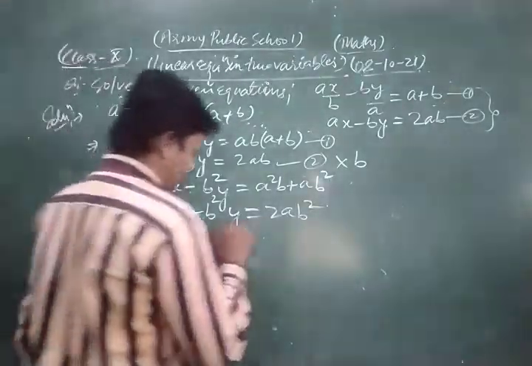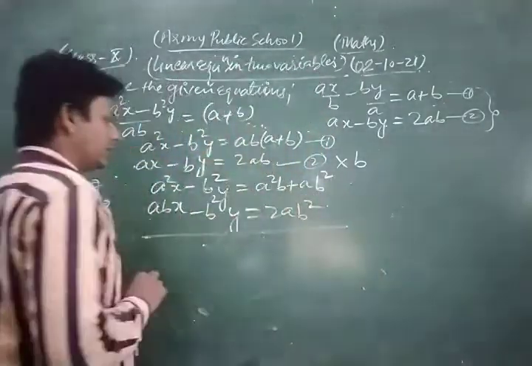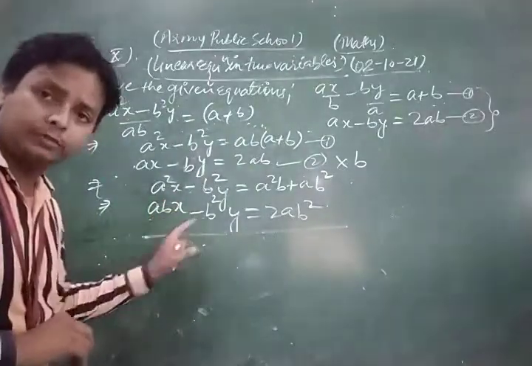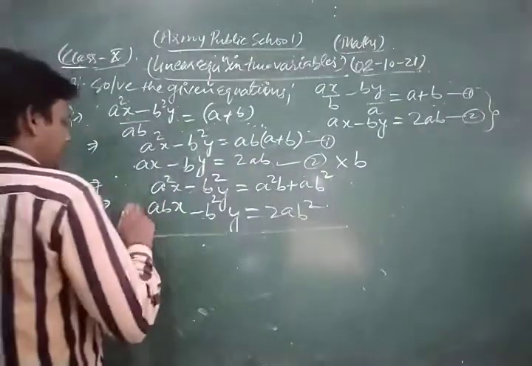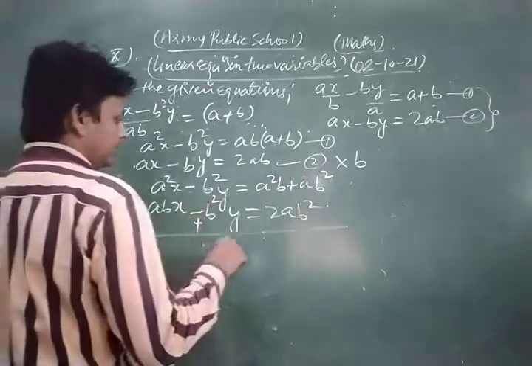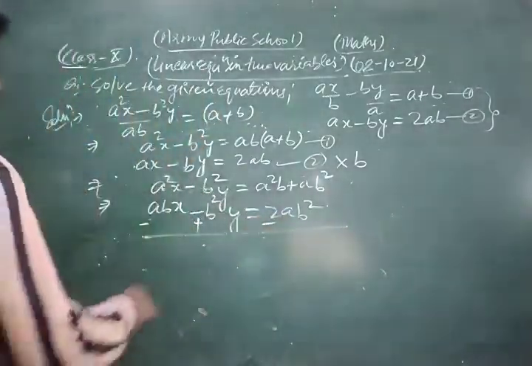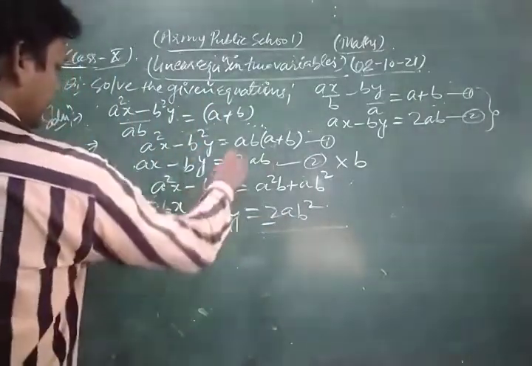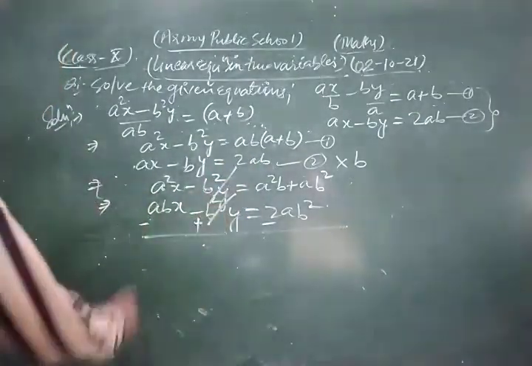Now we simplify them. Both are minus, so we convert the sign: plus minus minus plus. Now look, b square y plus minus b square y cancel each other.